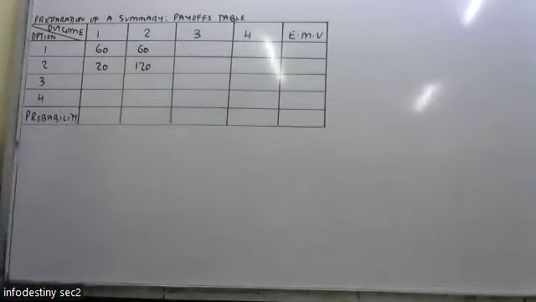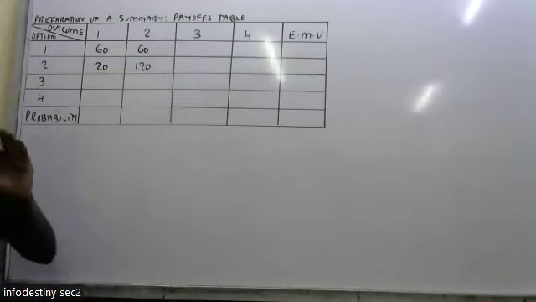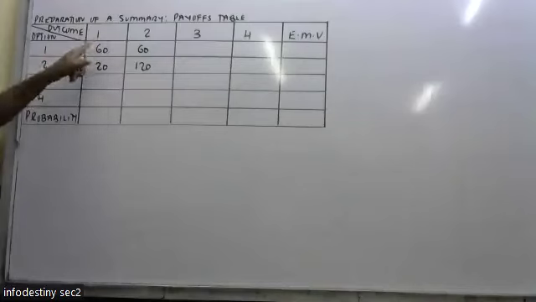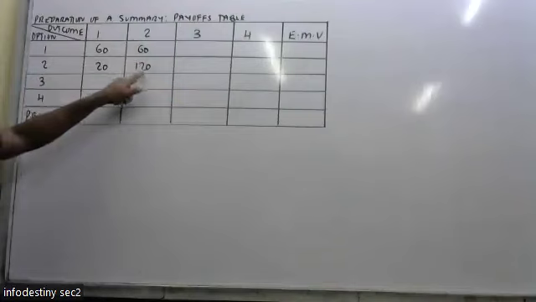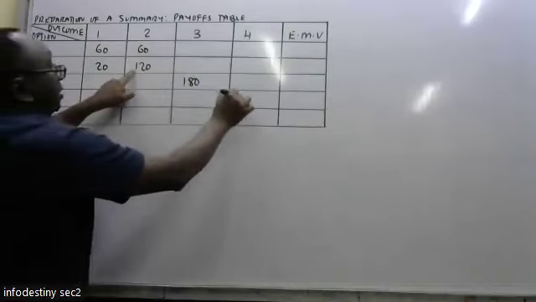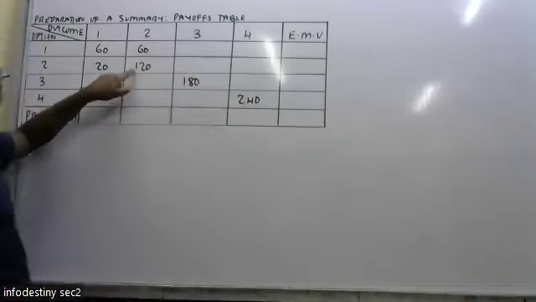But for now, as you get used to it, I must gather all of them. These things have 3 patterns. The first pattern is where they are equal. You see now this is 60, when you go to the next it is equal, 120. So what has happened, we have added 60. So if I add 60 here I will get 180, and if I add here I will get 240.